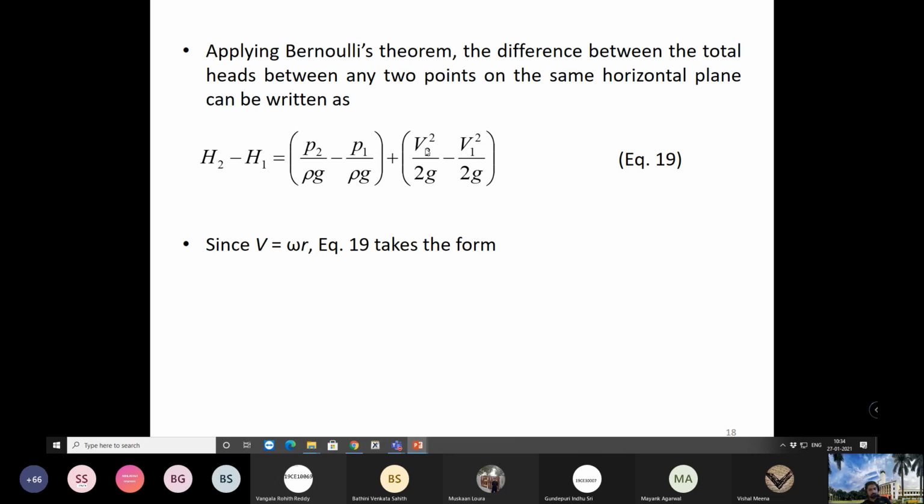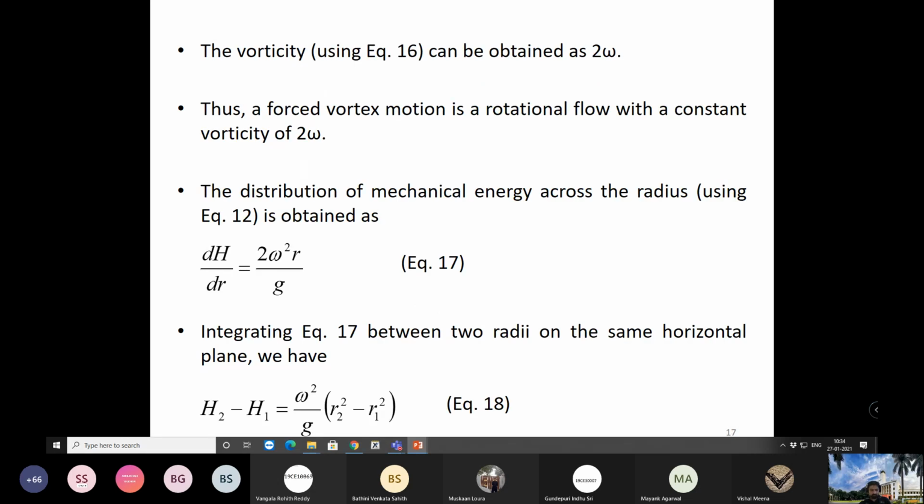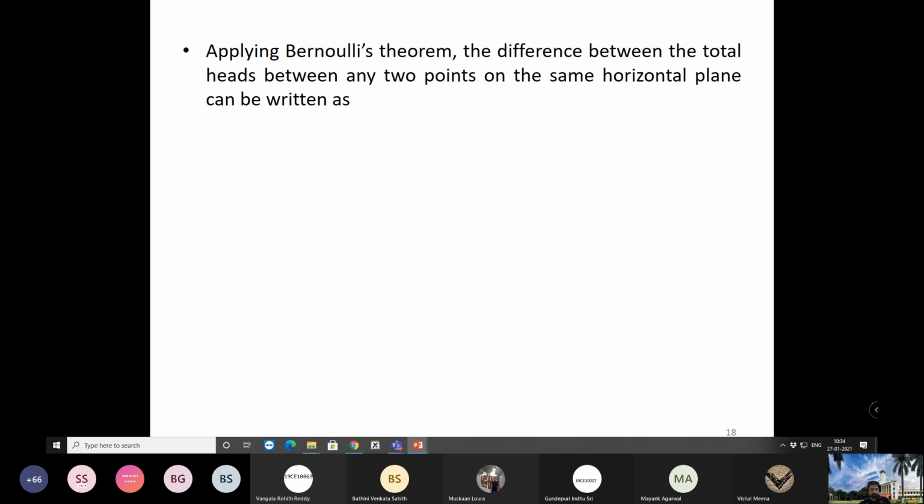See, omega is constant throughout the motion. It's only r that is changing. So the pressure term remains unchanged, and the velocity term just changes to omega square by 2g multiplied by r2 square minus r1 square. Now what we are going to do is substitute the right hand side of equation number 20 and equation number 18 here.